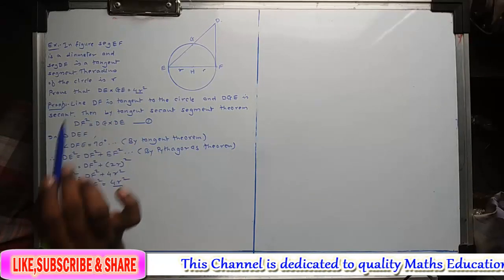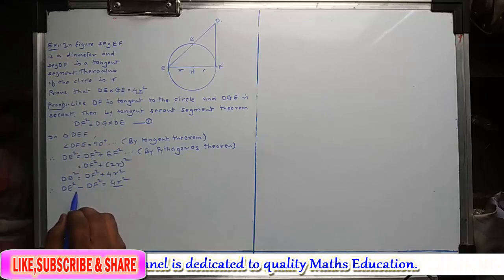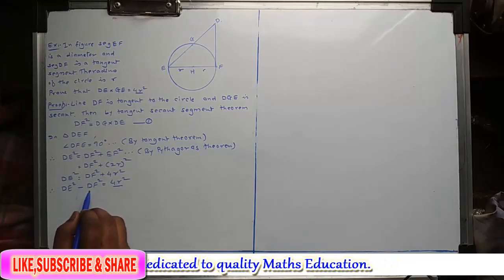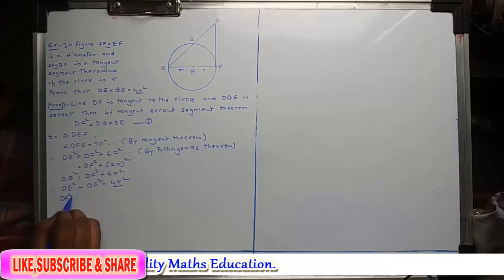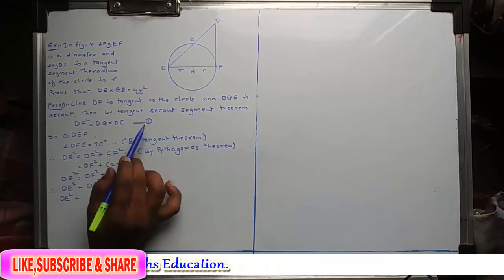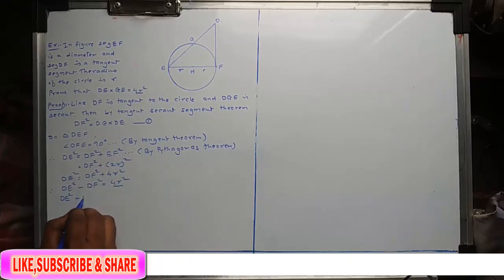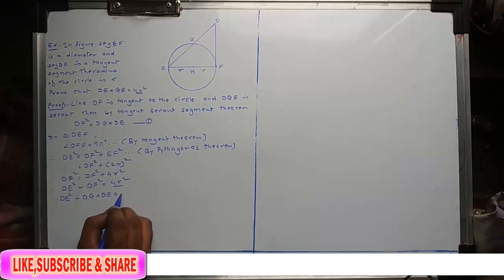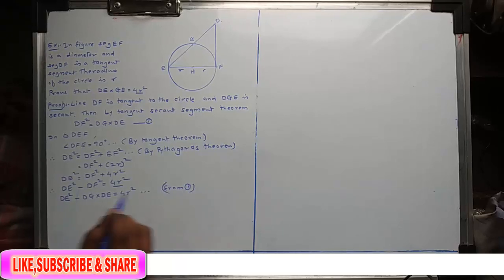Now we have to find this DE into GE on left hand side. So DE square minus DF square. So we can write it as DE square minus DF square from equation 1. DF square is nothing but DG into DE. So we write here DE square minus DG into DE is equal to 4R square. Reason is from 1. Okay, now from both the terms we can take DE common.